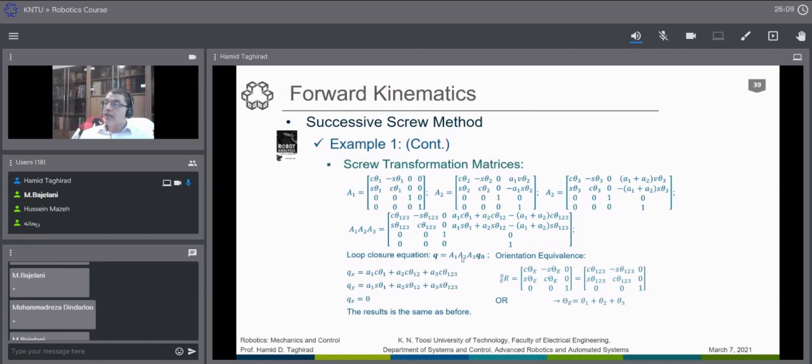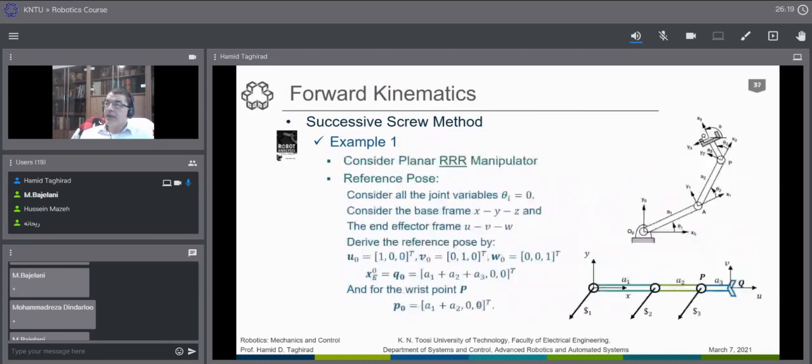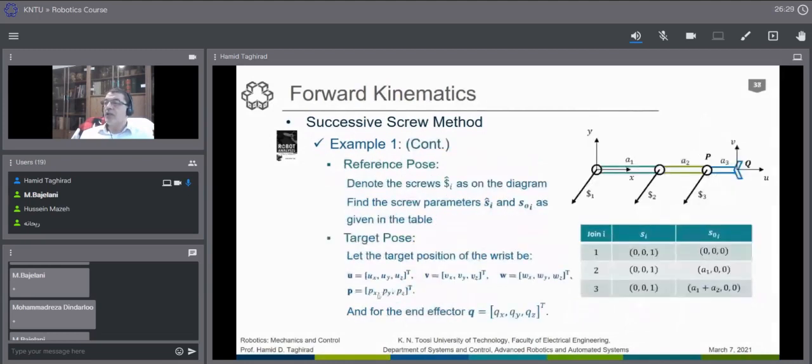As you see, A1 times A2 times A3 times Q0 gives you Q, and it is very simple to multiply this by the Q0 that we have found here, a simple A1 plus A2 plus A3, and that goes through the Q1 as we see in here.